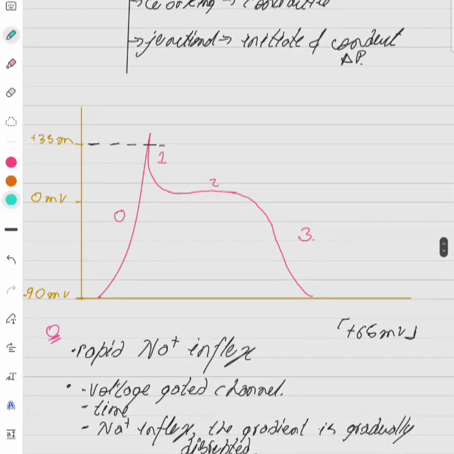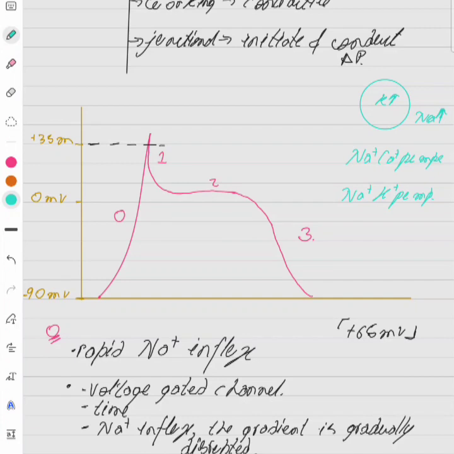But we forgot that for a normal cell, the concentration of potassium is high inside the cell, whereas sodium is high outside the cells. In order to create this gradient again, there are several pumps called sodium calcium pumps and sodium potassium pumps.